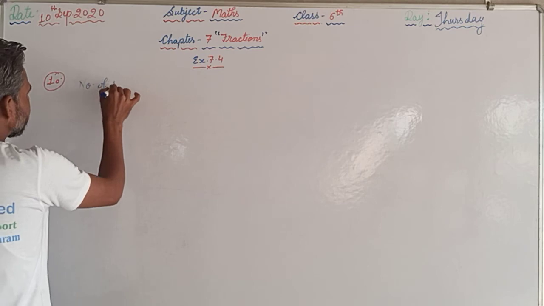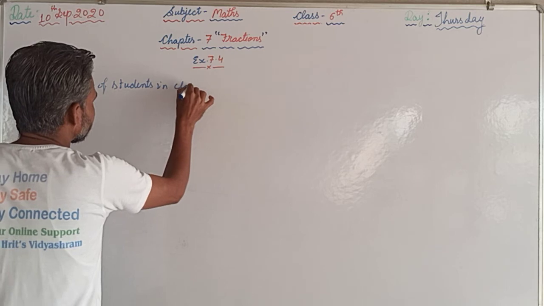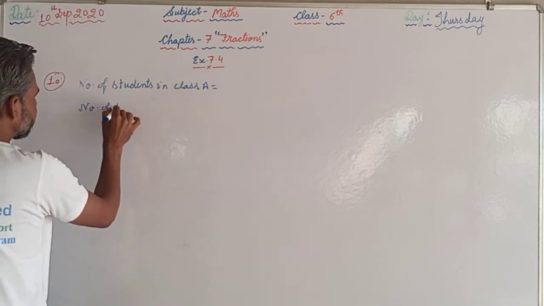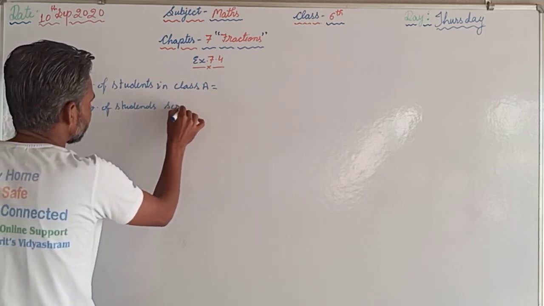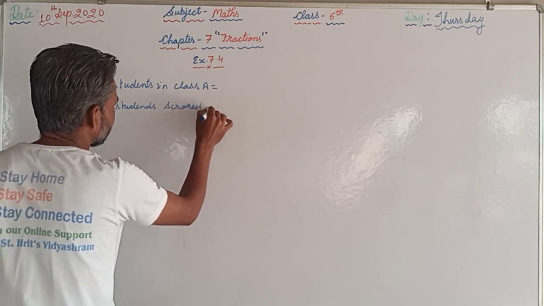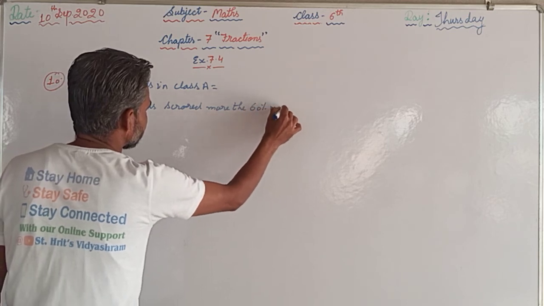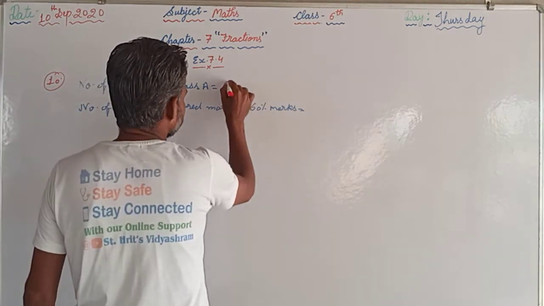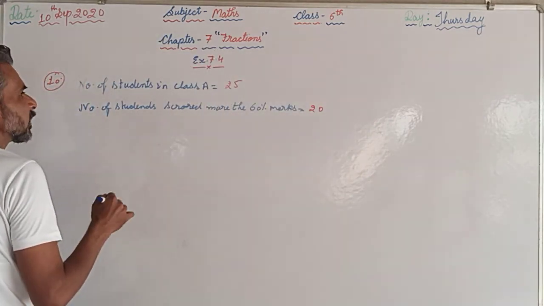Number of students in class A and number of students scored more than 60% marks in class A. Total number of students are 25 and 20 students scored more than 60% marks.